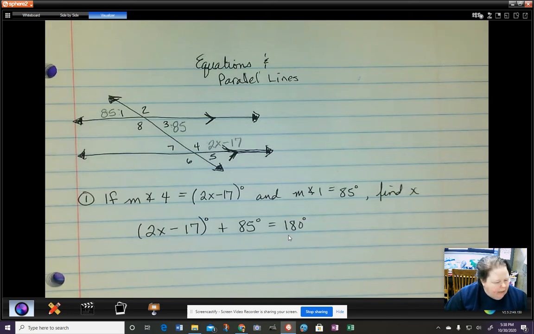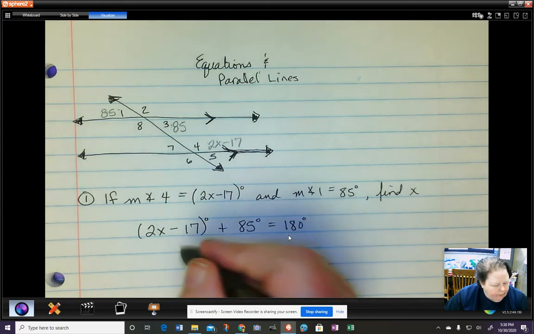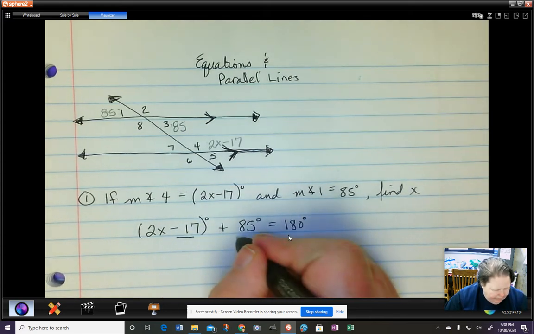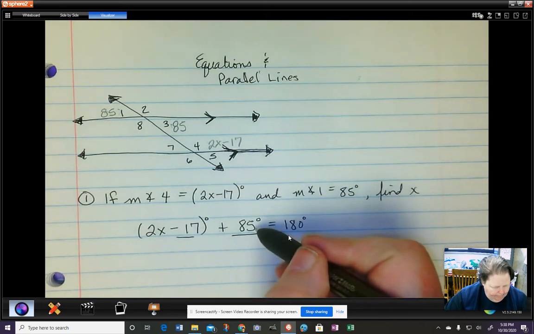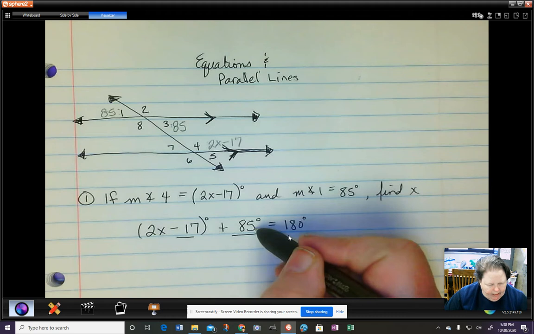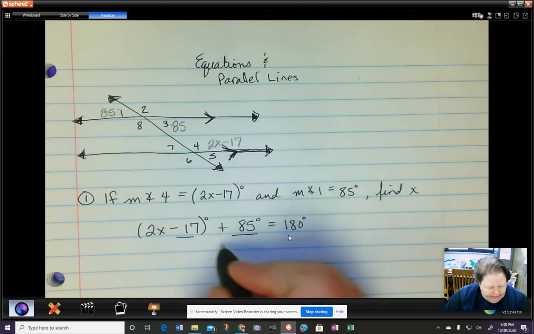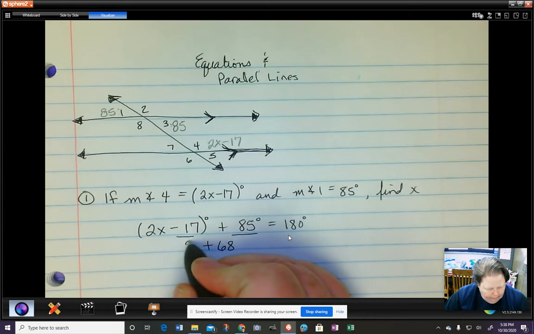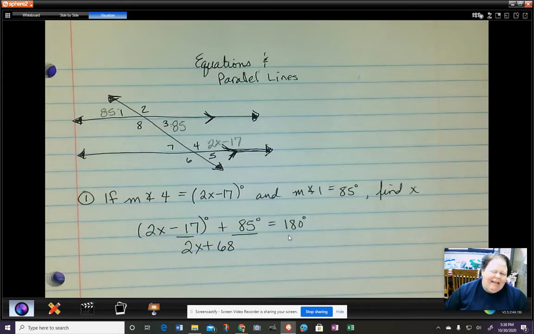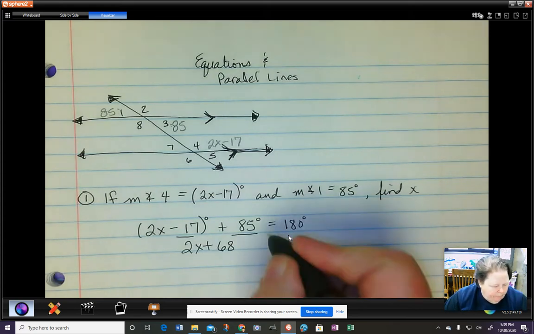So now we can combine like terms, negative 17 and positive 85. 10 away from 85 is 75, take away 5, that's 70, take away 2 more, that's 68. So 68 plus 2x equals 180. If you don't know how I did that, little number sense.